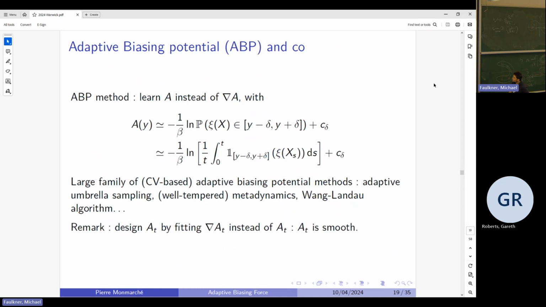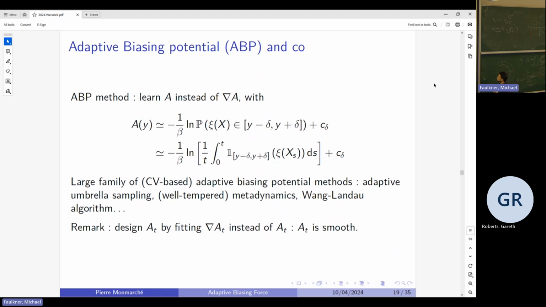Also, you don't have to target the gradient of the free energy. You can try to learn to estimate the free energy itself, because as we said, the free energy is just the log of the marginal density. So it's like the log of a histogram. And it's what is done in the adaptive biasing potential method, and it's also basically what is done in adaptive umbrella sampling or well-tempered metadynamics.